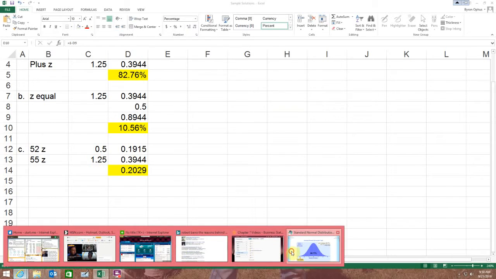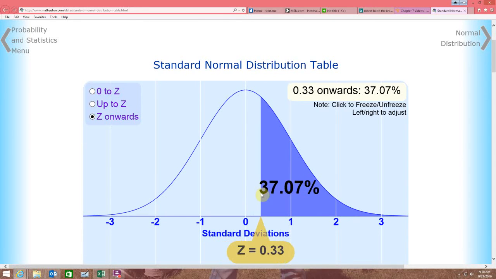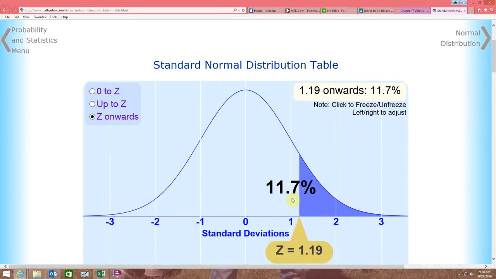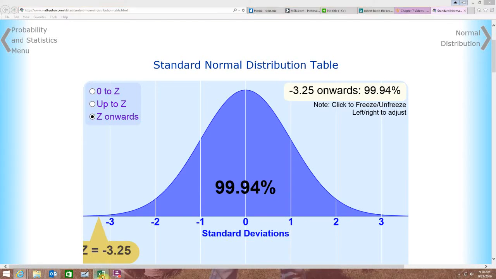My handy dandy favorite tool isn't going to really let me do that, because I'm going to be to the right about a half of a standard deviation, so somewhere around here, and then a little more than 1.25 standard deviations, so to here. I can't really show you with this one, but I need to know the area roughly between here and here. And I do that this way.